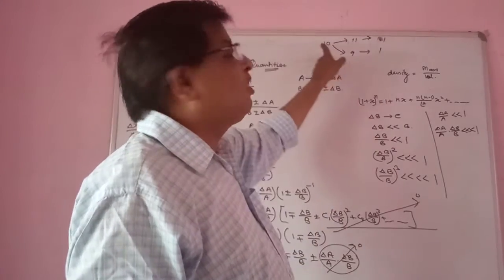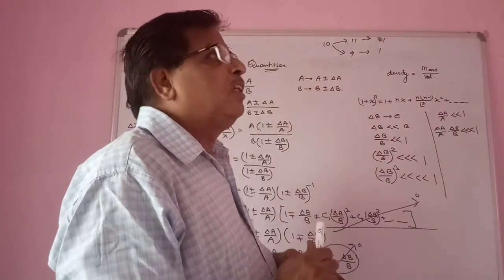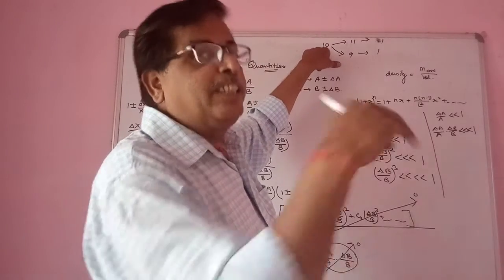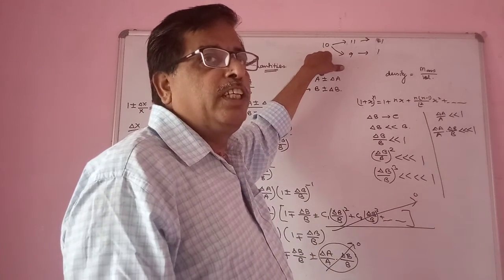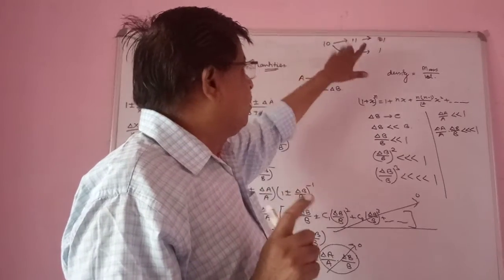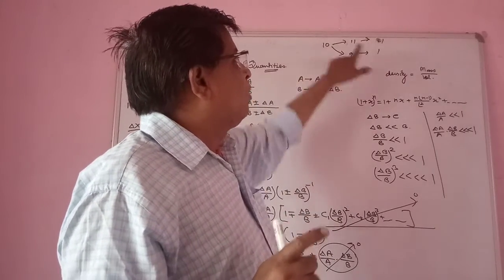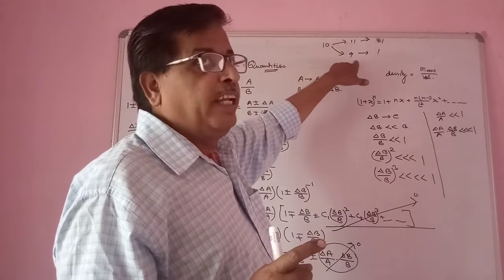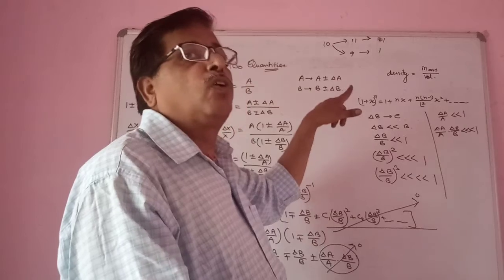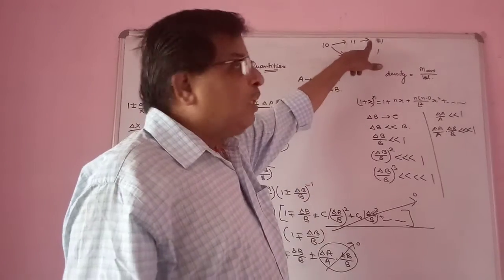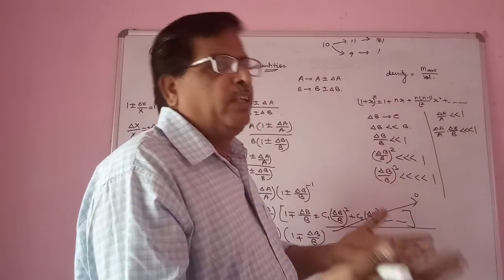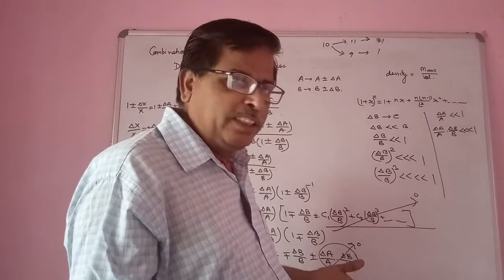Minimum error means 0. A person counting 10 as 10 is making no error. In these two cases, both persons, 11 and 9, make the same amount of error. Only the sign is different. One is measuring more, one is measuring less, but the error is the same.